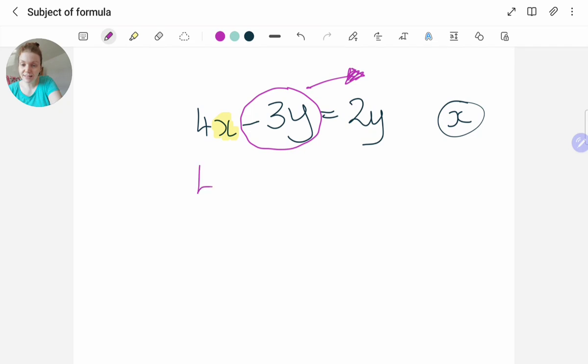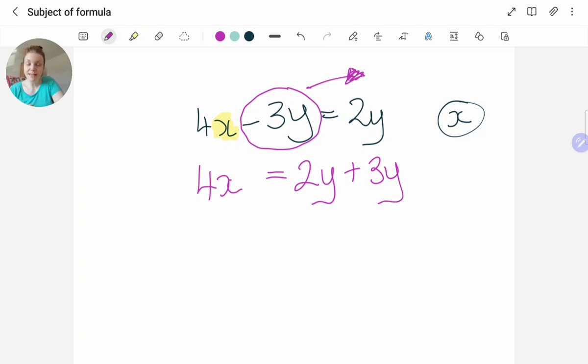So 4x stays where it is, it didn't move, equals 2y stays where it is, didn't move, and minus 3y becomes plus 3y. Okay, we're not finished yet because we know x has to be two things. It has to be positive, which it is, so that's great, and it has to be by itself, and it's not by itself, okay? This 4 is attached, so we're going to take the 4 to the other side of the equal sign.